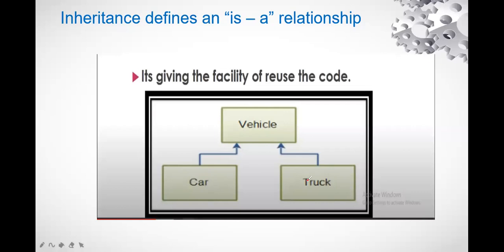Same with the truck, but the car attributes and the truck attributes can be different, and they are different. So here I can say that vehicle is the parent class.